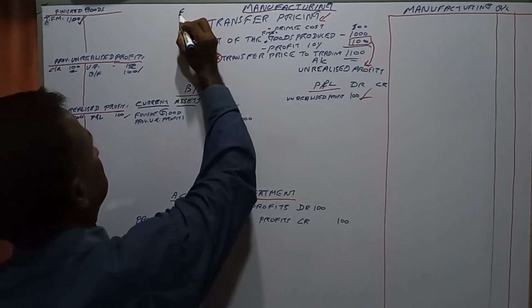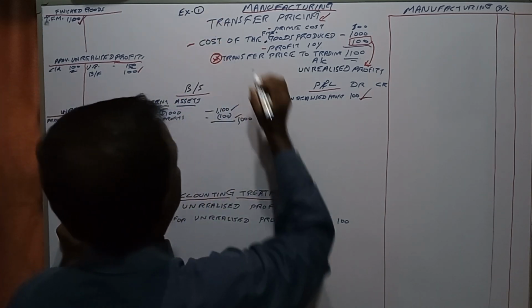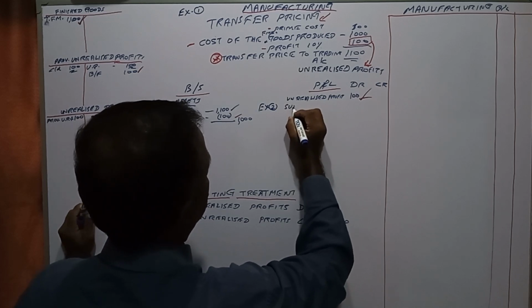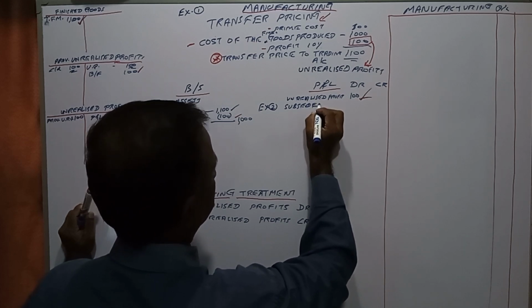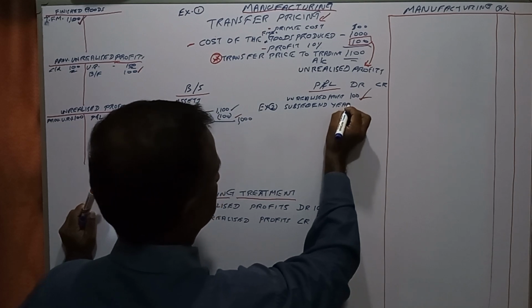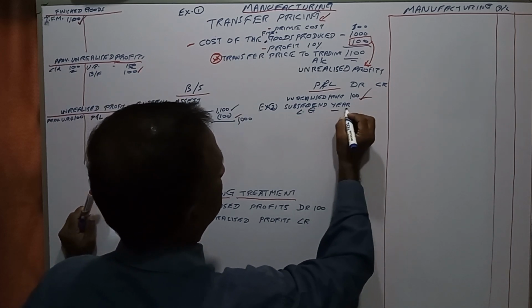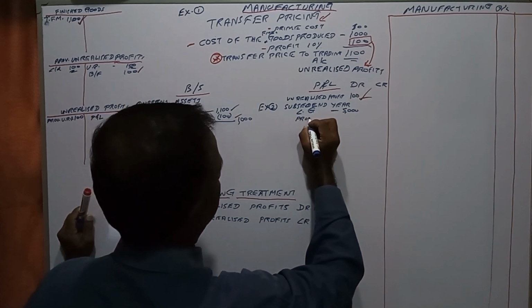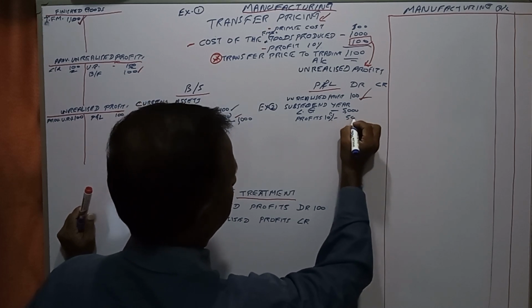Now example 2. Subsequent year, the cost of the goods is 5,000. Profit 10%, how much? 500.